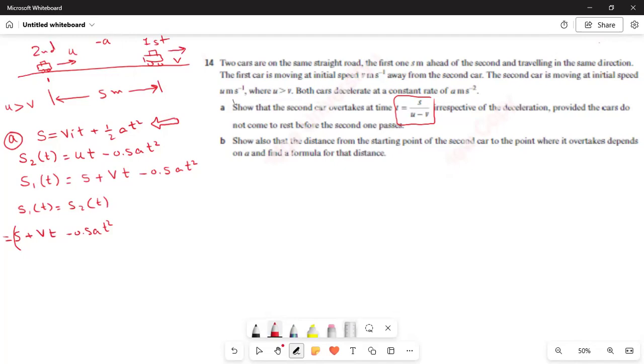I'm sorry, I was a bit confused. So yes, this distance is equal to the distance ut minus 0.5 a t squared.